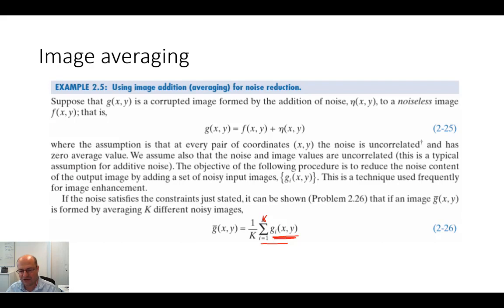The noise reduction by averaging is just that I sum all of these images and divide by the number of images. It's the average, nothing more and nothing less than just summing up all of the images that you have and dividing by the number of images.